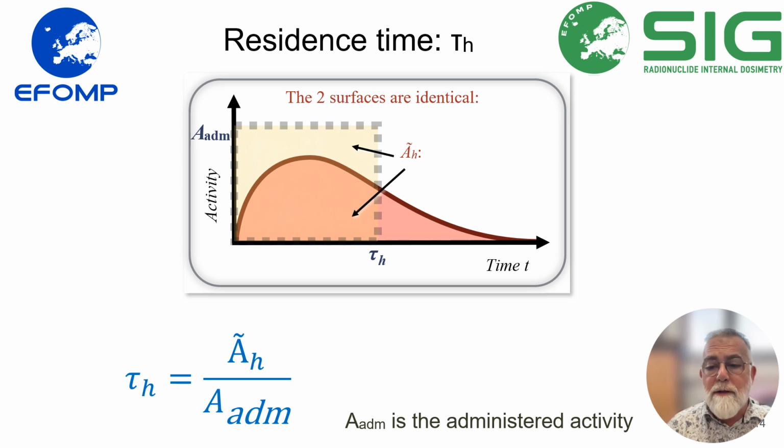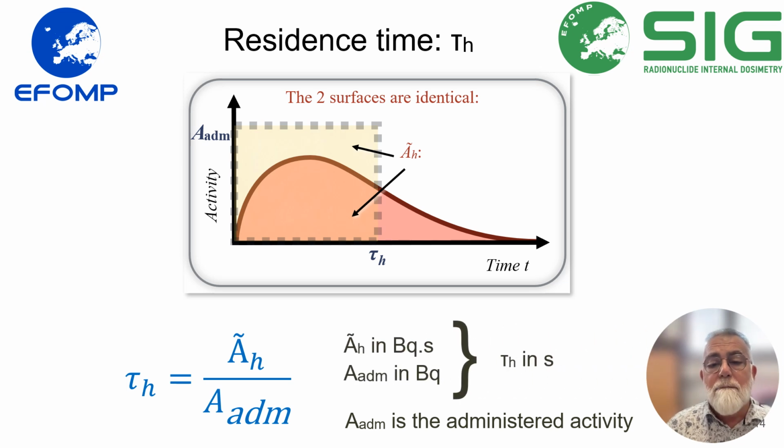Hence, the relevance of comparing the cumulated activity or time-integrated activity with the administered activity. And here, the introduction of a ratio. But by doing so, you have becquerel second divided by becquerel, so you have something that is expressed in second, so that's a time, and it's called the time-integrated activity coefficient, or more easy to understand, a residence time.